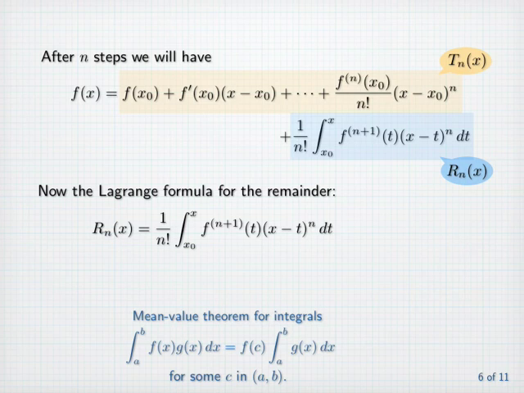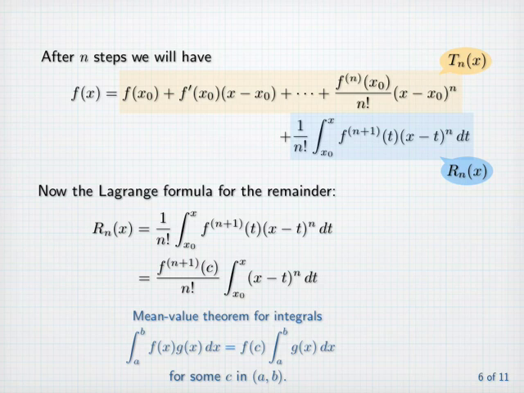Now, by applying the general mean value theorem for integrals to the integral form of the remainder, we find that R sub n of x is equal to the (n plus first) derivative of f evaluated at some c between x naught and x, divided by n factorial, times the integral from x naught to x of (x minus t) to the nth power dt.